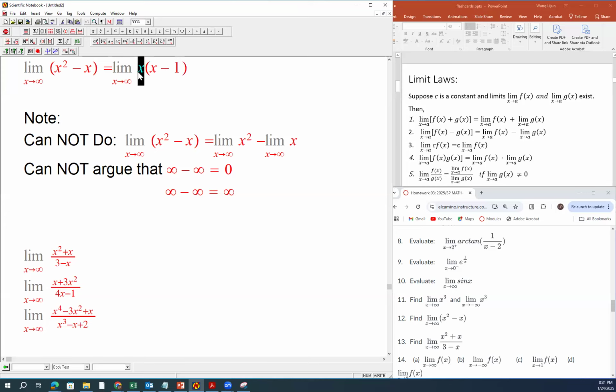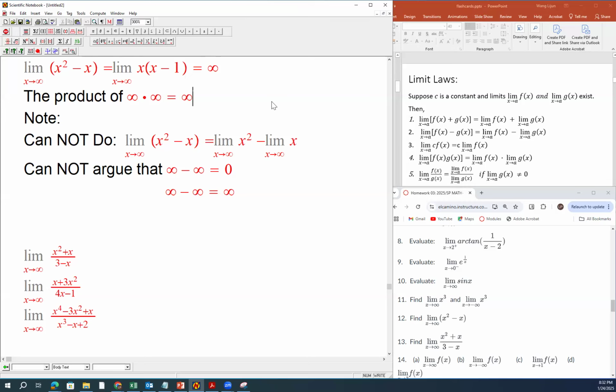So we have something that approaches infinity multiplied by another quantity that also approaches infinity. So now we can say it is approaching infinity. The fact we use here is that the product of infinity with infinity is infinity.